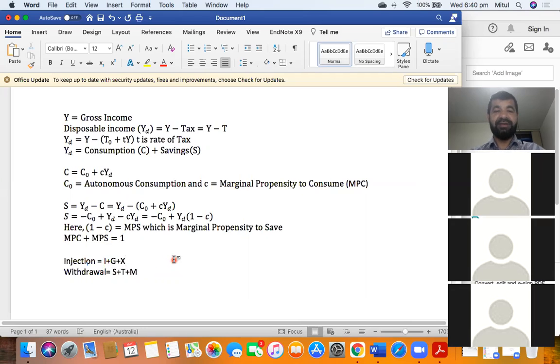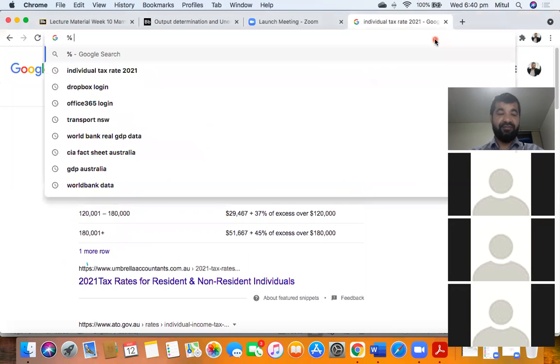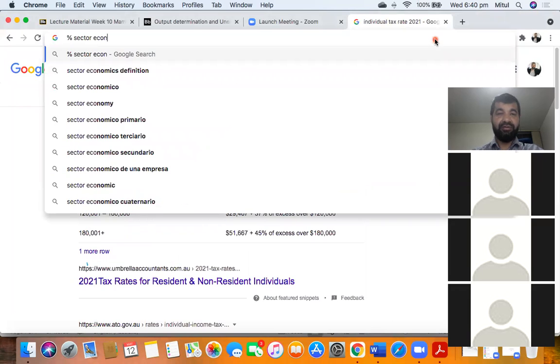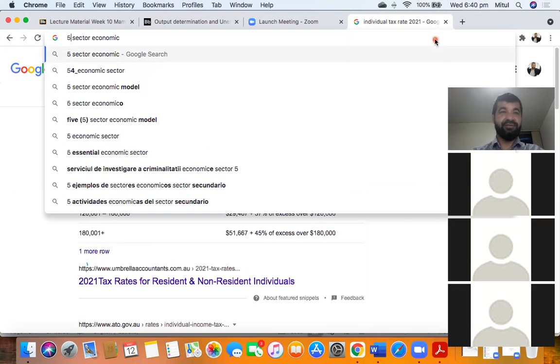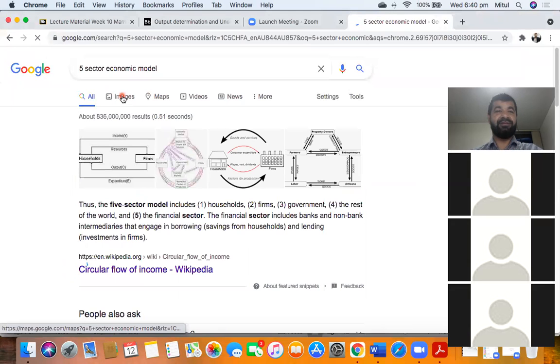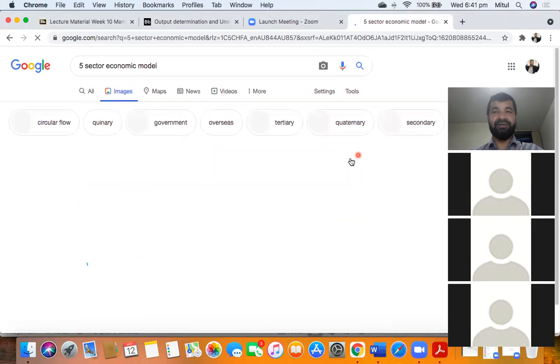So how do I know these things? I'll show you. There is a rule for this. Let me show you this so you guys can understand it better. The 5-sector economic model. Yes, this one. Now let me get the image. I can show you this one better.